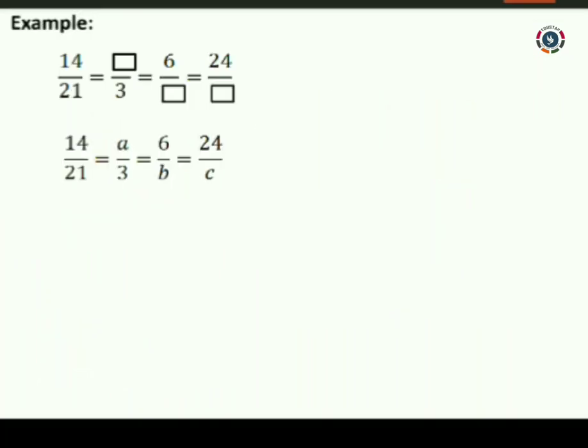Let's see one more example for finding values. Let's consider this example. Here you have to find three values, right? First step, you have to replace them by variables. Here I used variables a, b and c. First you have to find the a value.